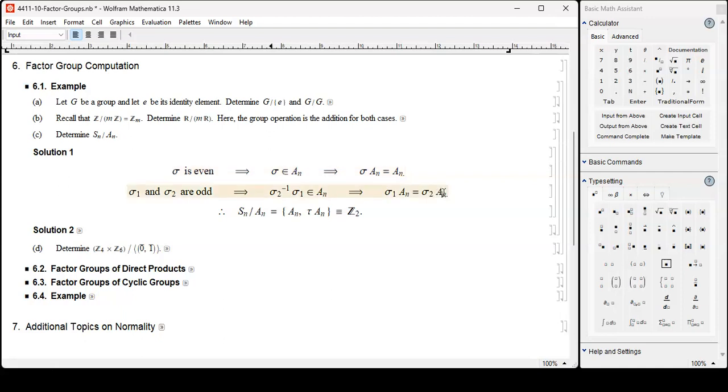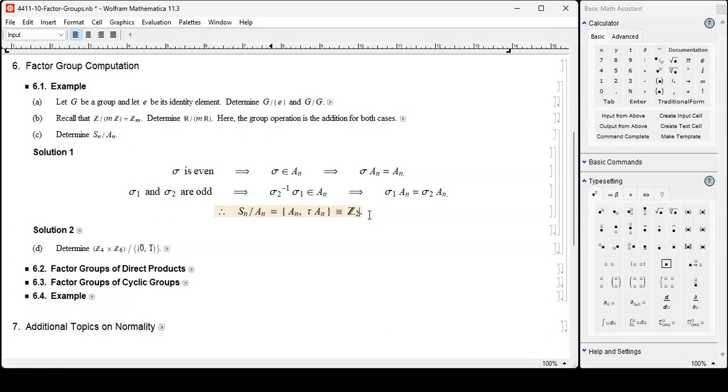Odd permutations, in that case, all odd permutations are equivalent modulo An according to this equivalence relation. Consequently, we can have only two cosets: An, that covers all the even permutations, and then a transposition times An, which covers all the odd permutations. Even permutations here, odd permutations there, just two elements.